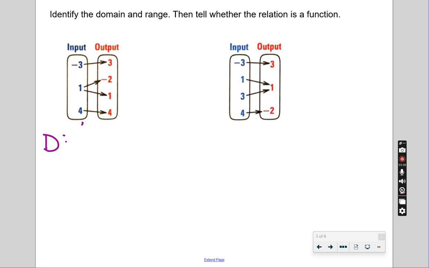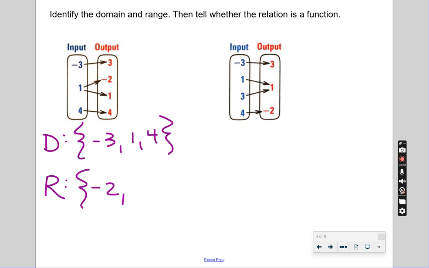All we're going to do is just list them out, in order from least to greatest would be nice. What about the range for this first problem? I'm going to put it in order from least to greatest. So -2, 1, 3, 4. Okay?